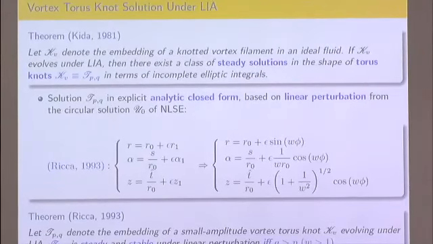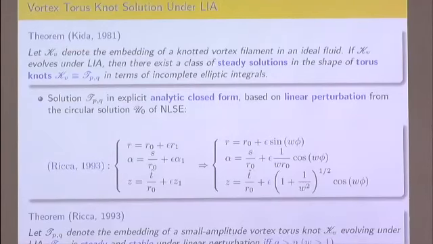Analytical results were then developed by Ricca in 1993, who obtained an analytical closed form based on linear perturbation of the circular solution of the nonlinear Schrödinger equation. So by linear perturbation of the circular solution, expressed in cylindrical polar coordinates, he found a solution which has the shape of a torus knot.